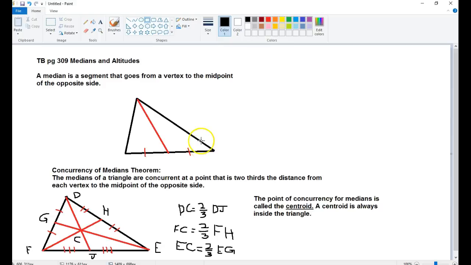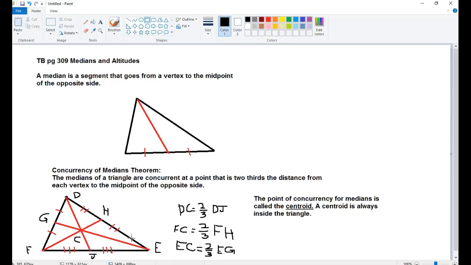Perpendicular bisectors go with the circumcenter of the triangle, and this line here is going to be perpendicular. Angle bisectors are making congruent angles, and they go with the incenter of the triangle. Then we have medians, and they go with the centroid.